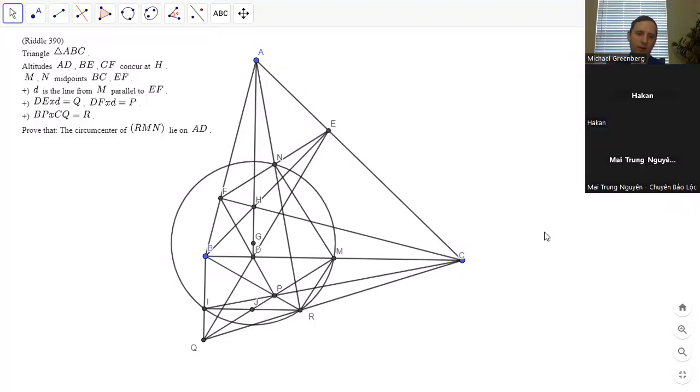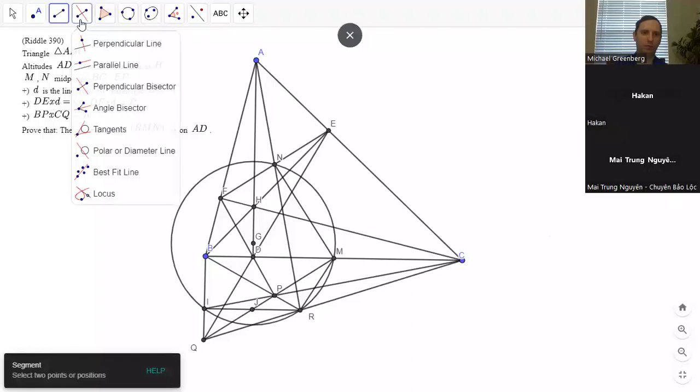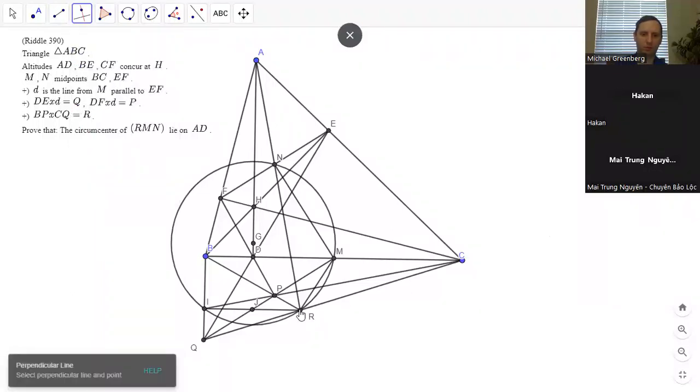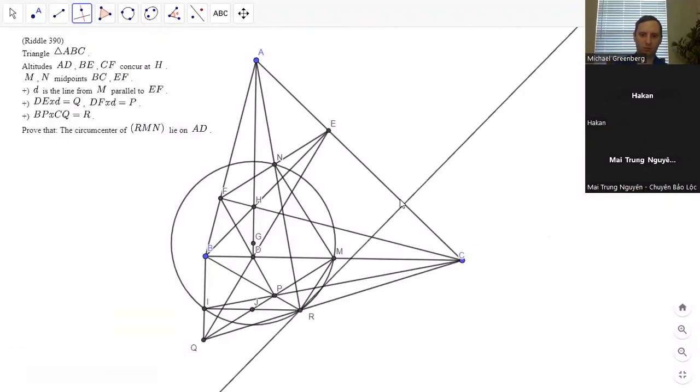So yeah, showing it lies on the median. Let's see. Oh well, I don't think these meet on the circle. I would be surprised if that were the case.